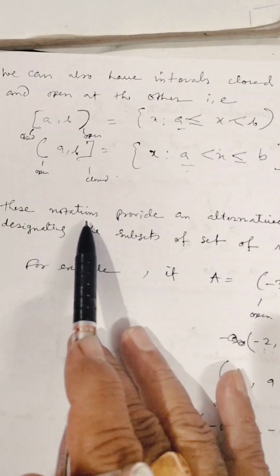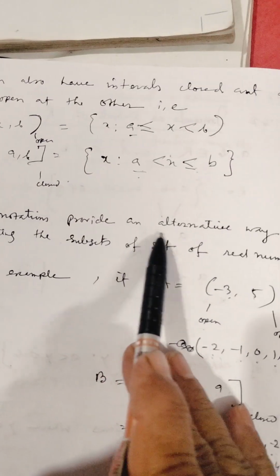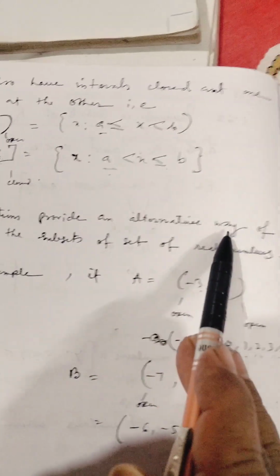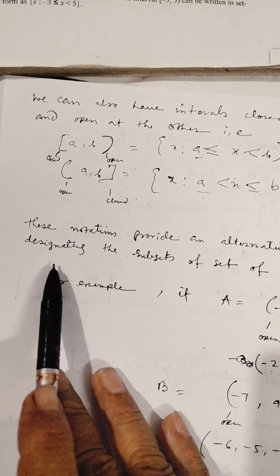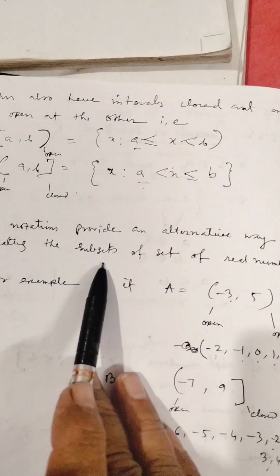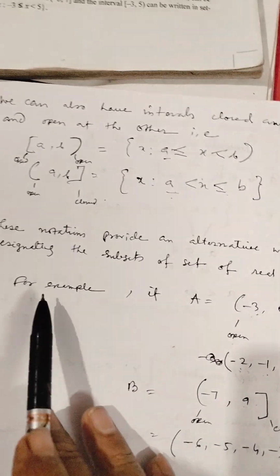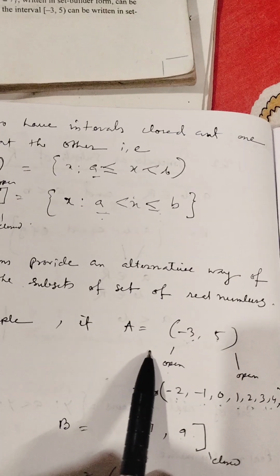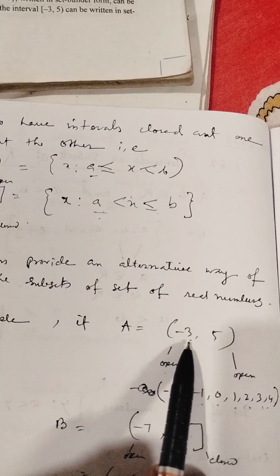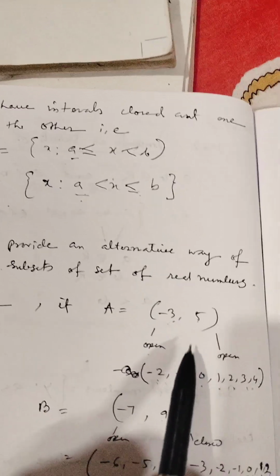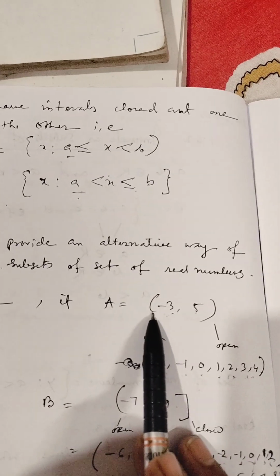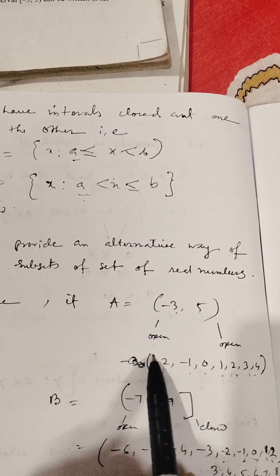These notations provide an alternative way of designating the subsets of the set of real numbers. For example, if A is (-3, 5), the first bracket means open.